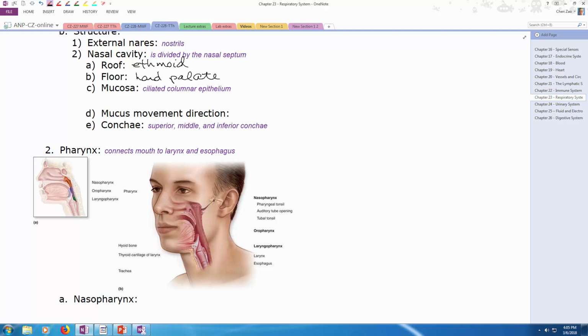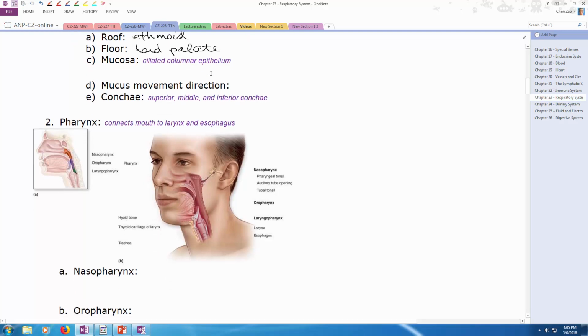Mucosa-wise, it is ciliated simple columnar epithelium, but it's not just simple columnar, it is pseudostratified, which is still simple columnar epithelium, correct? Pseudostratified means it looks stratified, but it's not. So indeed, ciliated columnar epithelium, a simple columnar epithelium, of which pseudostratified is still considered a simple columnar epithelium.